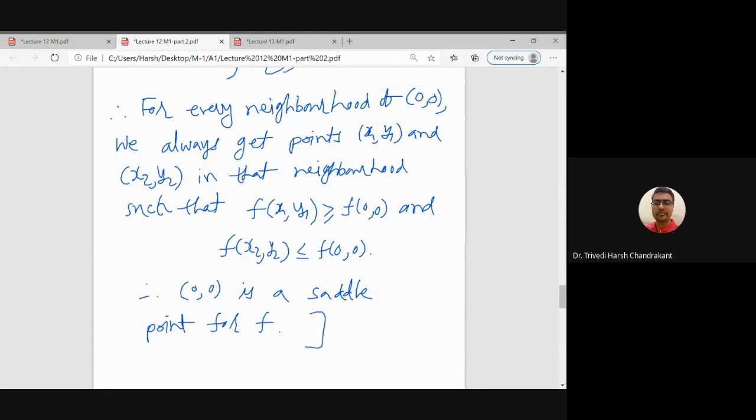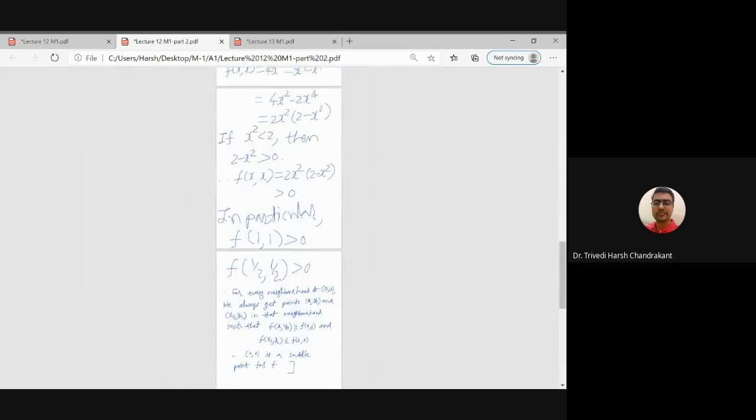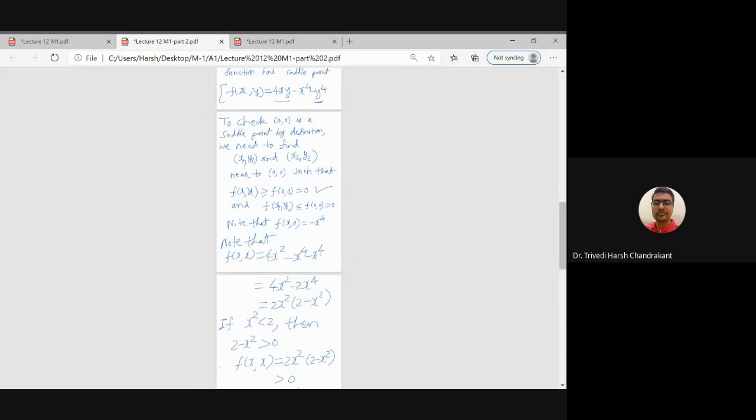So this is just a remark. Earlier some of the students asked me what is the meaning of the definition of the saddle point.